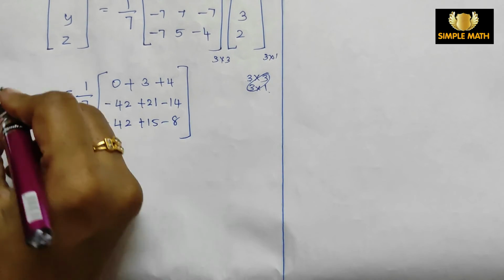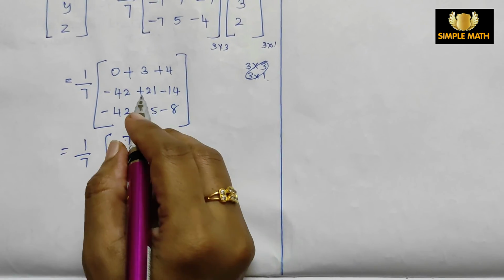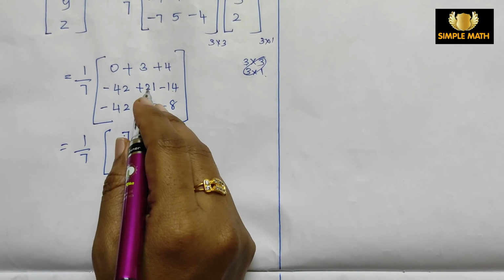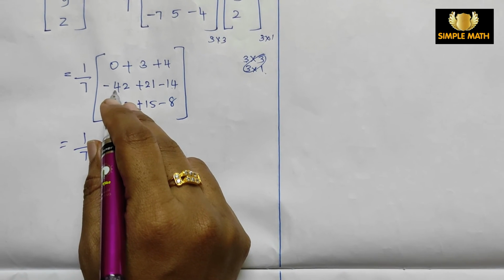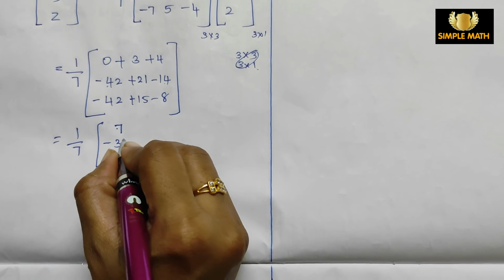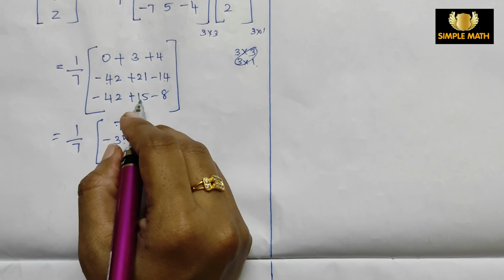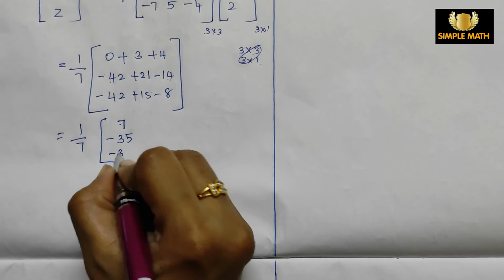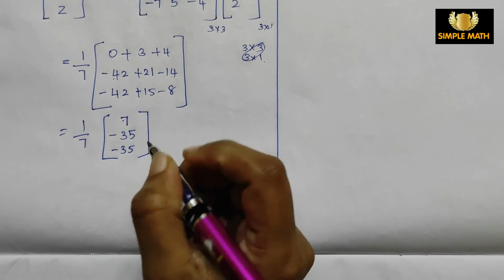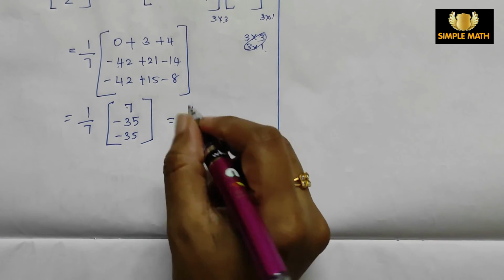On adding all those things, we get the first value as 7 and the second value is minus 42 plus 21 is minus 21, minus 21 minus 14 is minus 35. Third value is minus 42 plus 15 is minus 27, minus 8 is minus 35, which is equals to taking 1 by 7 inside the matrix.